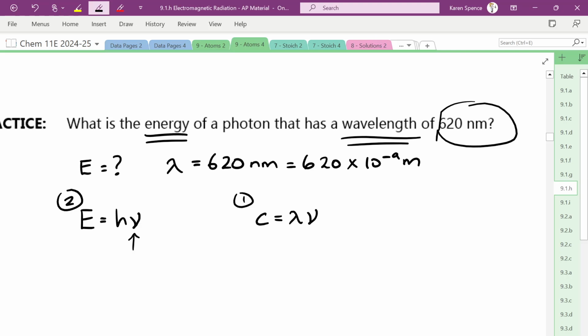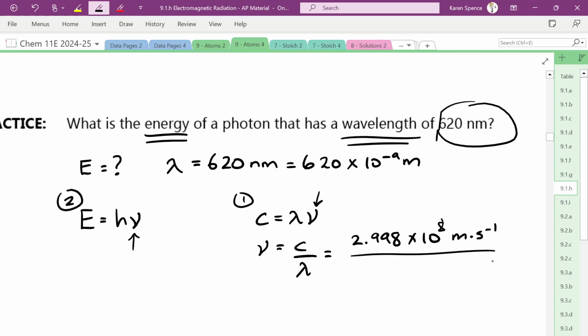So let's solve first for frequency. Frequency is equal to C over lambda, just like we did last time. We have 2.998 times 10 to the 8 meters per second over 620 times 10 to the negative 9 meters.